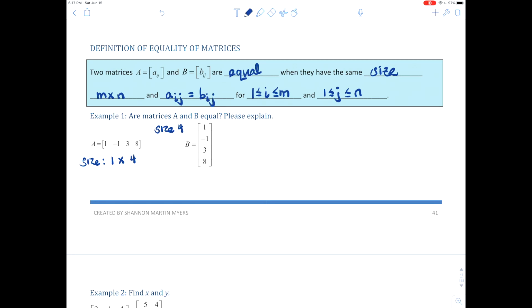Good. 4 rows by 1 column. Are these the same size? No. A and B are not the same size. Okay.